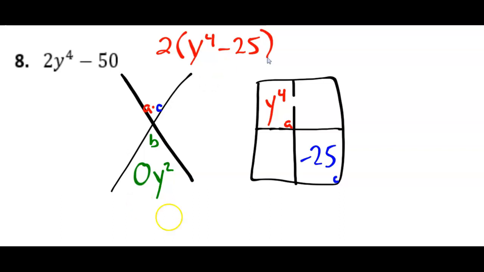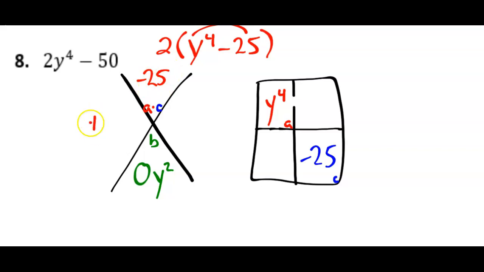Why does it say y squared? Because if I divide that, I'm going to have a y squared down there. Because to get to y to the 4th, I have to have y squared times y squared. So, what's my a times c in here? Negative 25. And I already know that because I just figured it out.